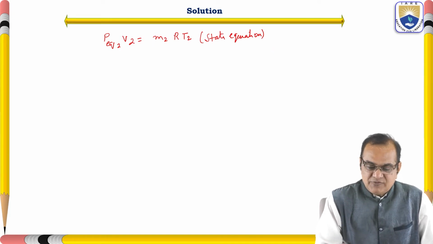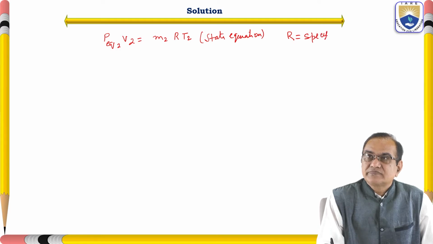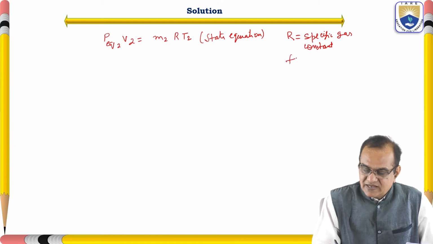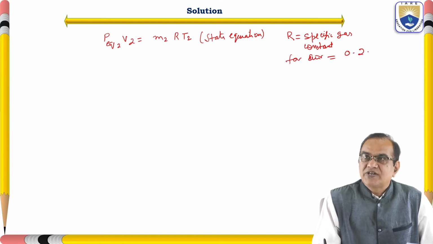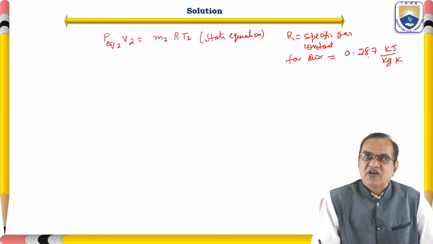So what is R? R is the specific gas constant, and for air its value is 0.287 kilojoule per kg Kelvin. This is the fixed value.